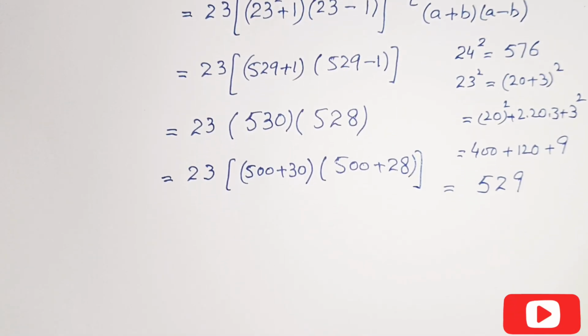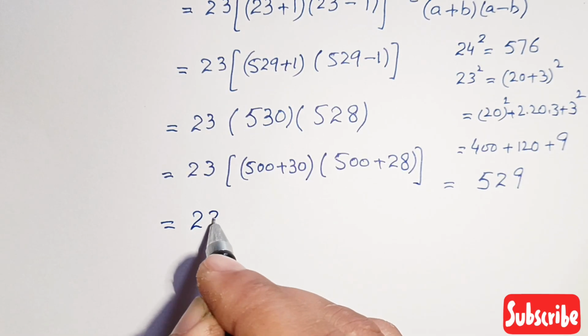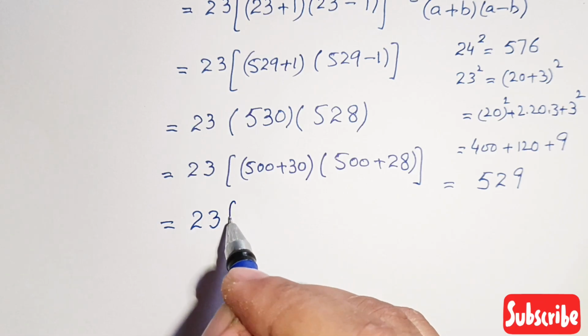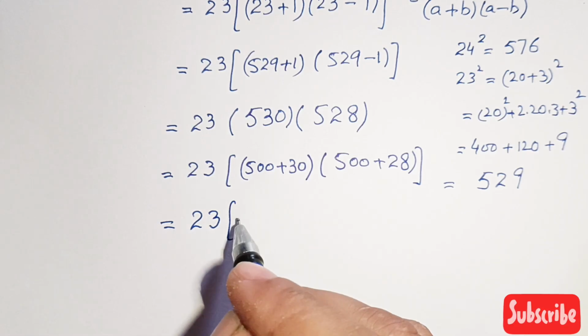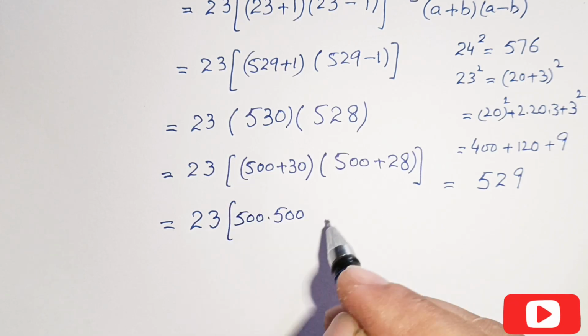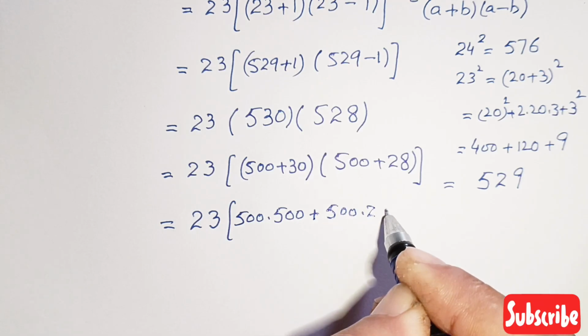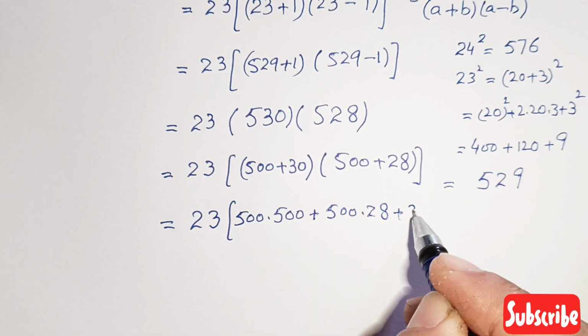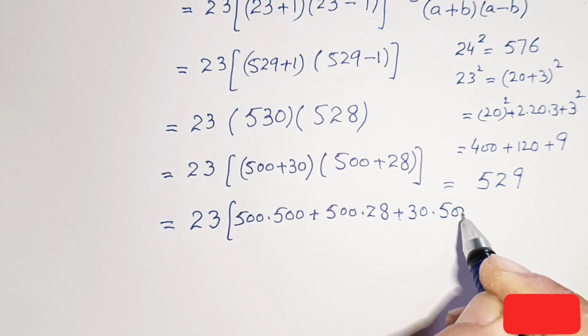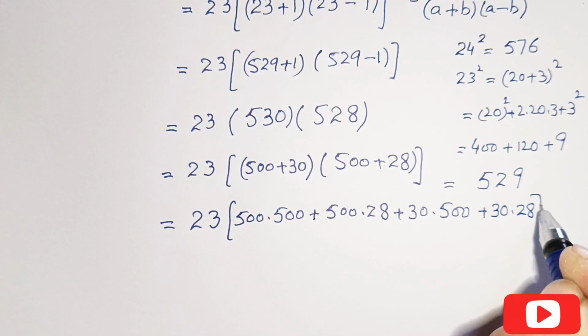Now here we have 23 times, multiplying 500 with 500 plus 28 gives 500 times 500 plus 500 times 28, similarly plus 30 times 500 and plus 30 times 28.